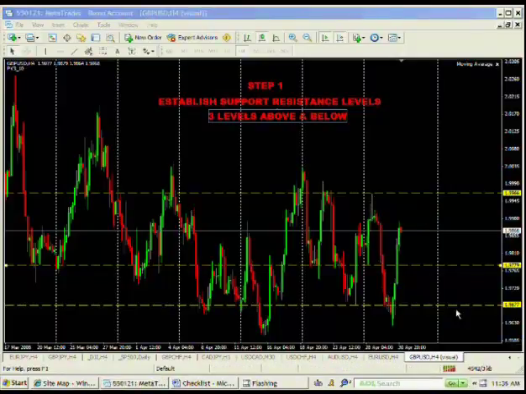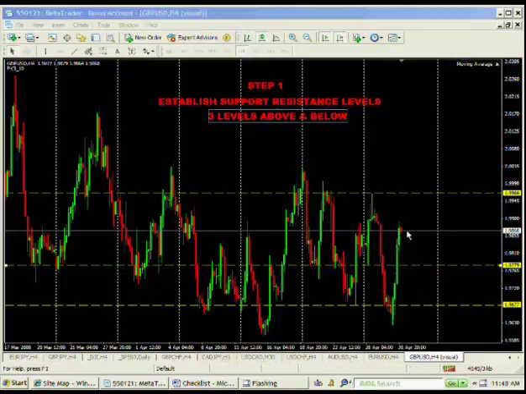So now that we've established our resistance levels, let's consider our support levels, and we want to look 3 levels down. And our first level of support is going to be down.